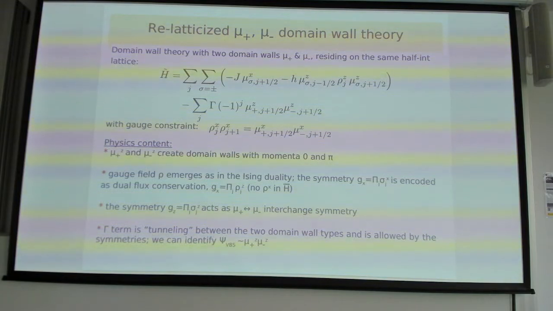So now you can think I just wrote down some new lattice gauge theory with two Z2 matter fields and one Z2 gauge field, and I just postulated it, and what I want to see is that the physics content of this is qualitatively the same as the previous. I think the main point should be that the domain wall has the right anomaly inflow.